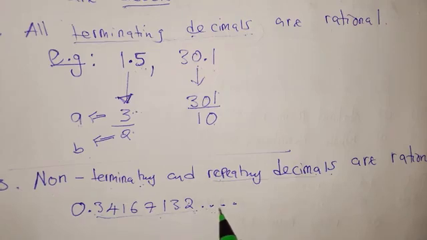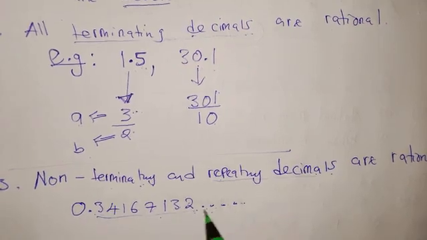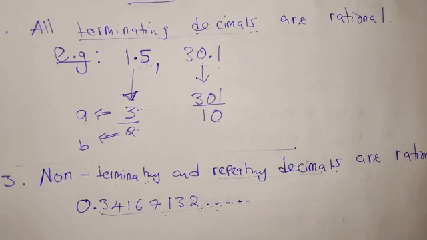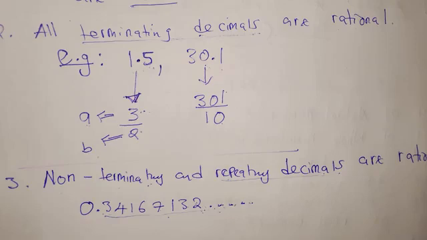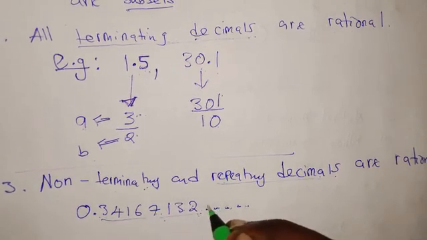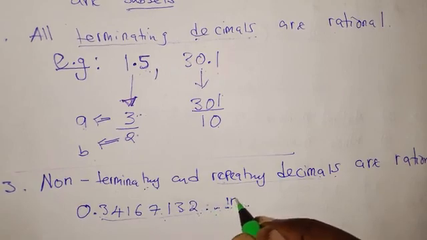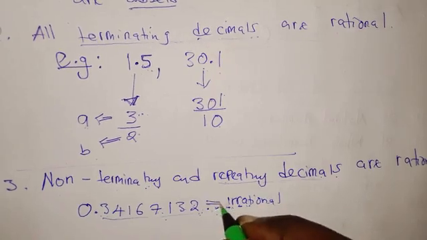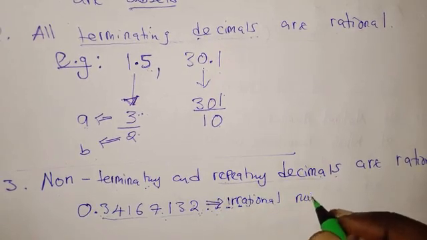The numbers are just continuously running with different values. Hence, it is not repeating. So this guy is an irrational number.